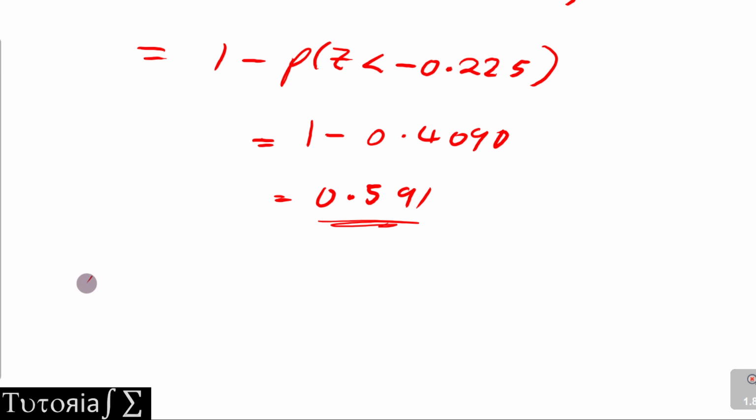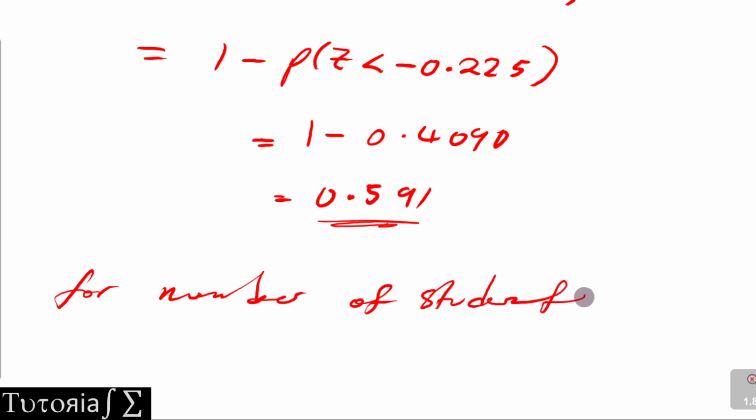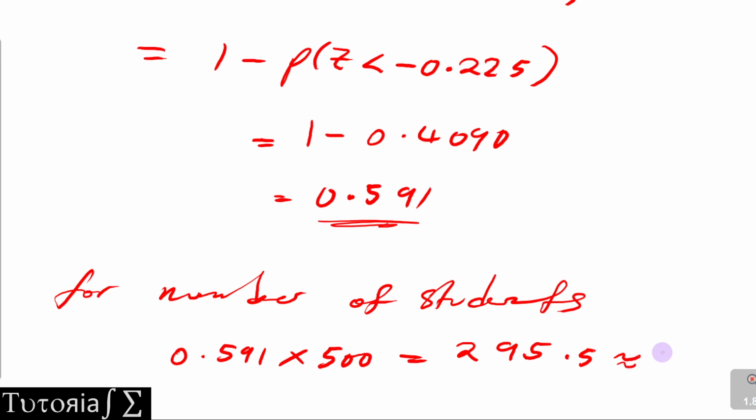Okay, so now what you have here is the probability for the number of students. So for the number of students, you multiply 0.591 times the total, which is 500. So times 500, this is giving you 295.5, which is approximately 296.